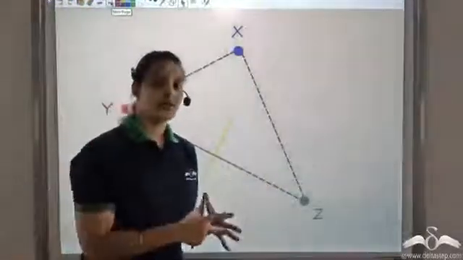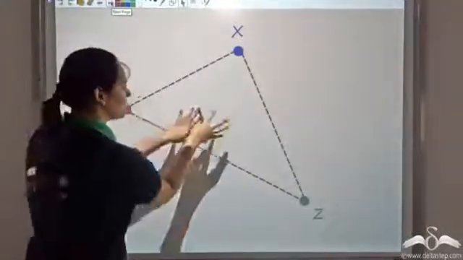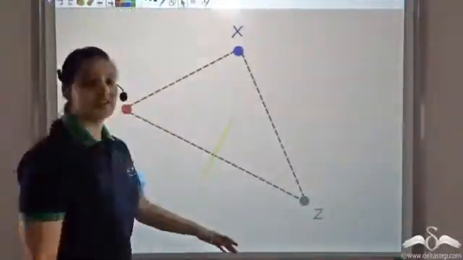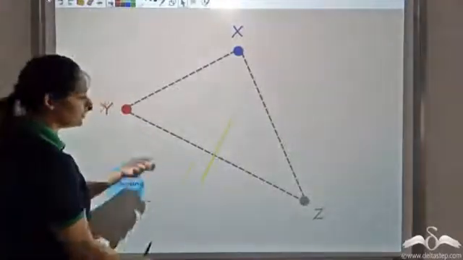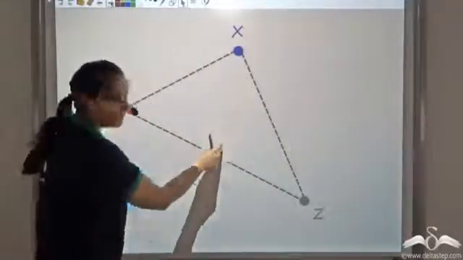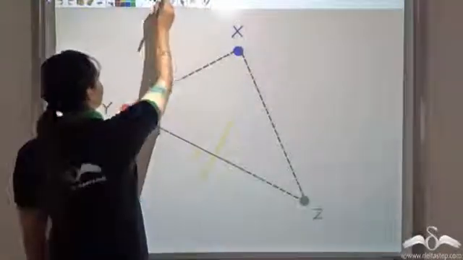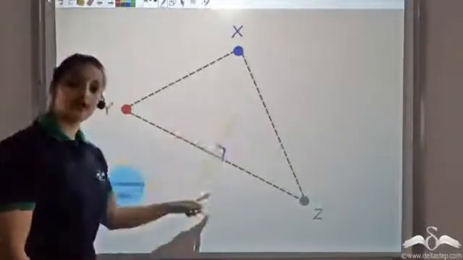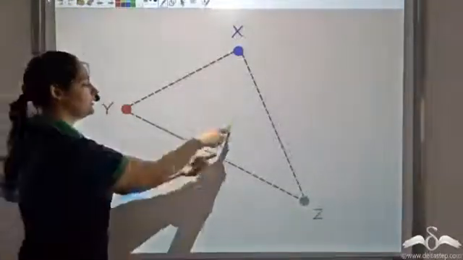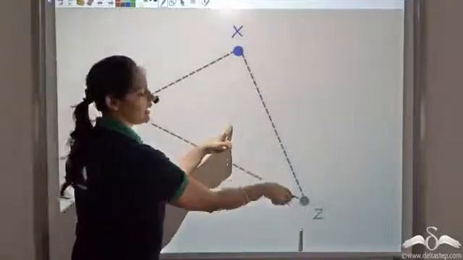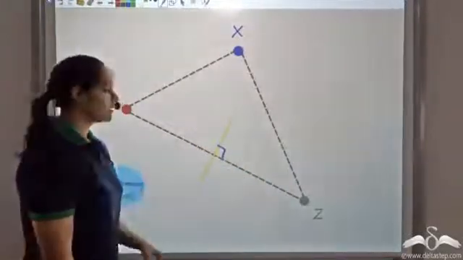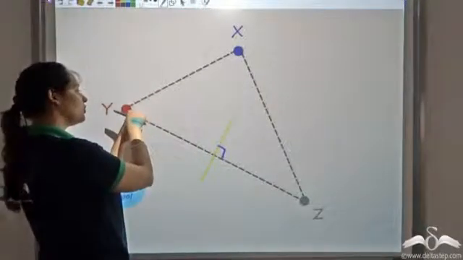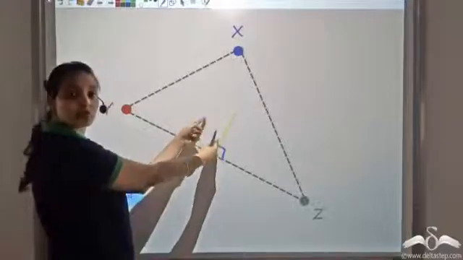Now it boils down to finding a point in this triangle such that the distance of that point from each of these communities is the same. I know that any point on this line, which is the perpendicular bisector of YZ, would give me equal distance from both Y and Z. So similarly, now I want to make the swimming pool such that it is equal from Y and X also.